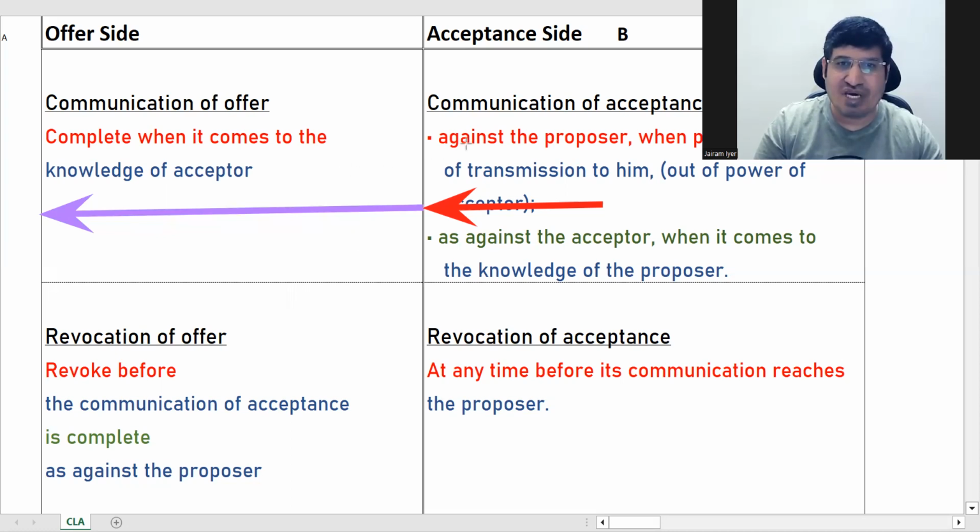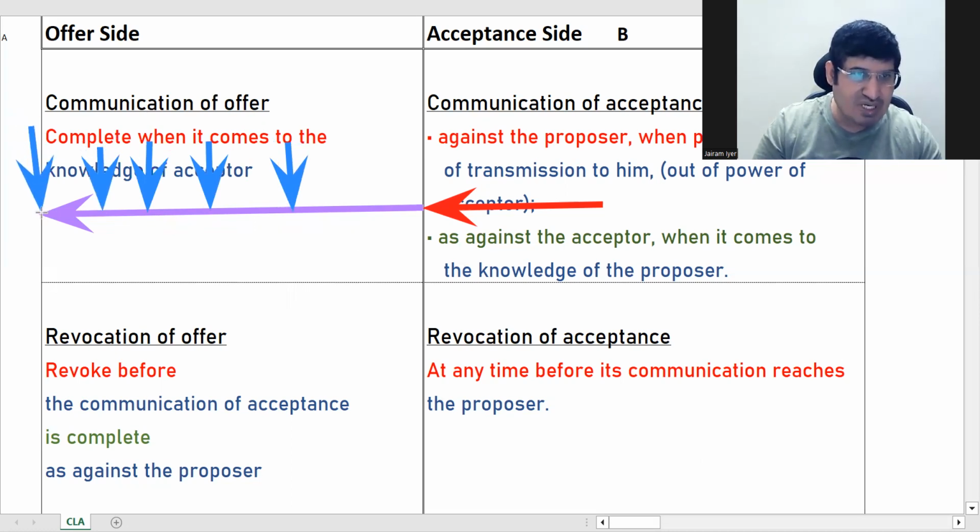He can revoke at this time, or this time, anytime, but not at this point. Once it has reached the proposer, he cannot revoke it. After that, the penalty clause will apply.